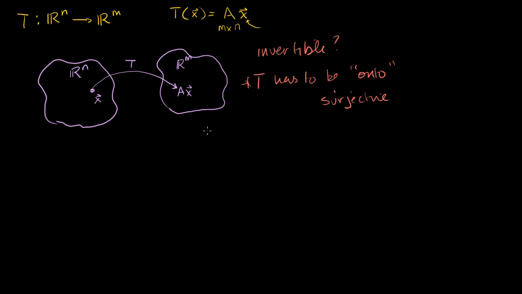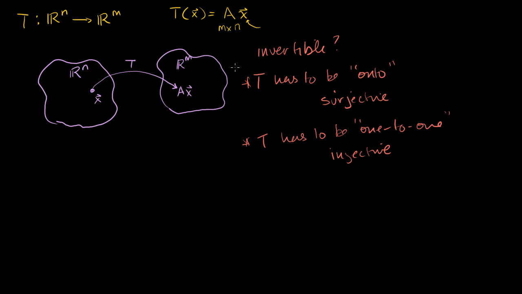That's one condition for invertibility. And then T also has to be one-to-one, and the fancy word for that was injective. So in this video, I'm going to just focus on this first one.